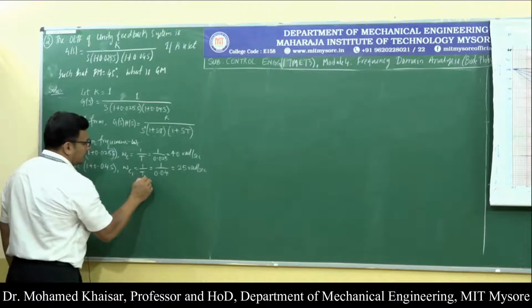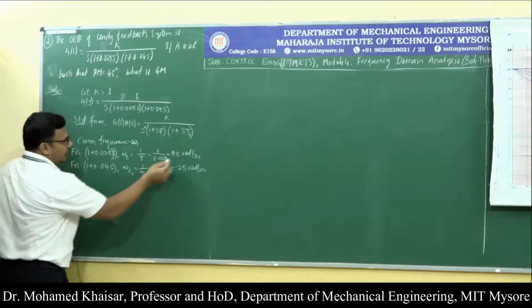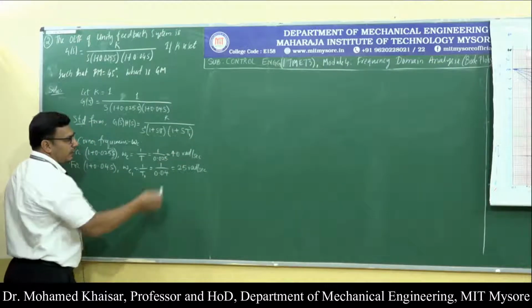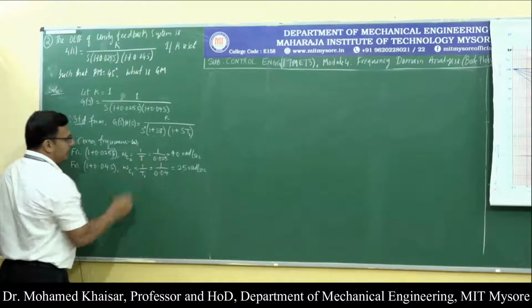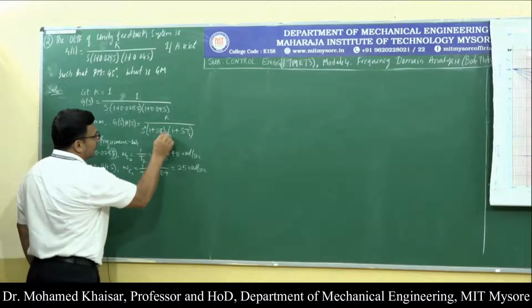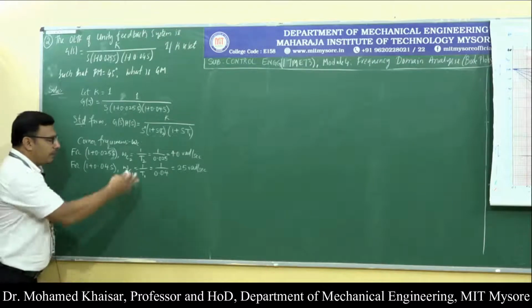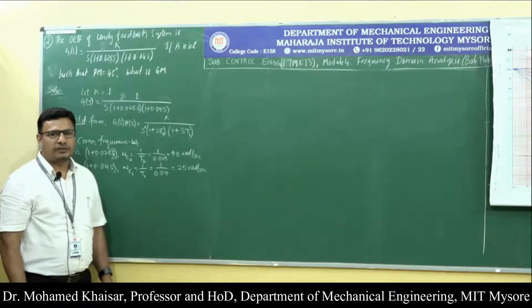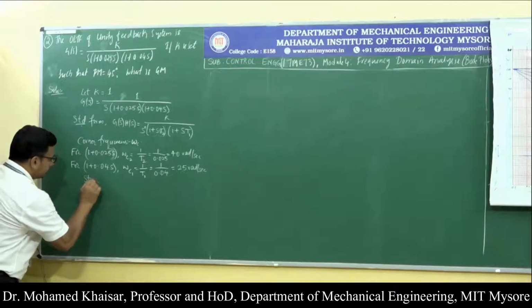Then the highest corner frequency that we have got is 40 radians per second. So we will rate it as omega c2 and T as T2. These are the changes that we can bring about. Then once we have found out the corner frequencies, the next task for us is to find out the starting point.